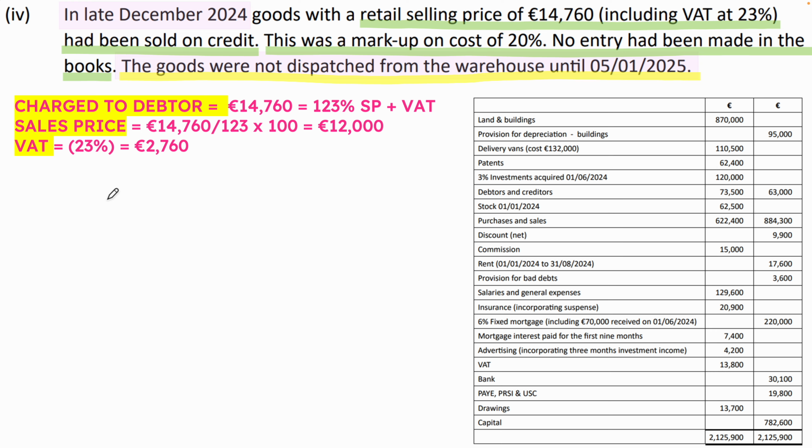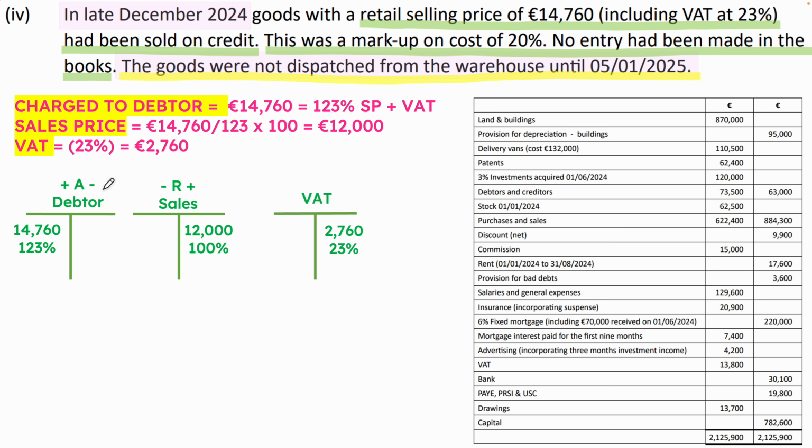Now, we have to find out the closing stock as well as this, but let's have a look at the T accounts here. So the debtor is an asset, increases on the debit side, as you can see there, 14,760. So you've got 123% on the debit side, the left-hand side. And the revenue, sales, okay, increases on the credit side, the right-hand side, and that's the 12,000, which is 100%.